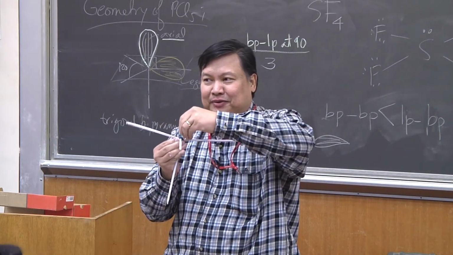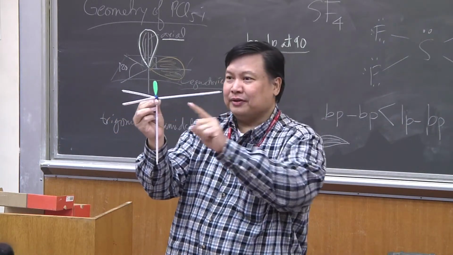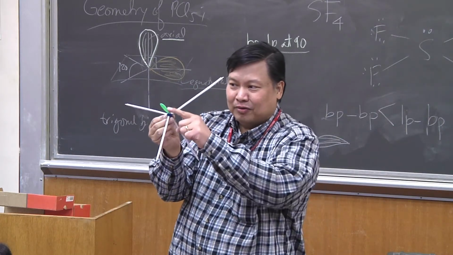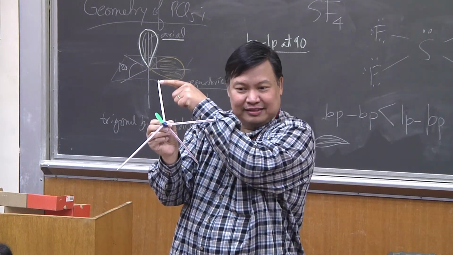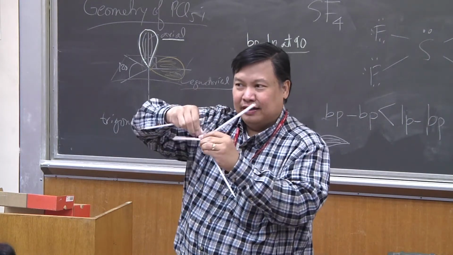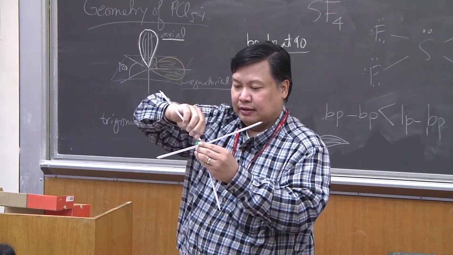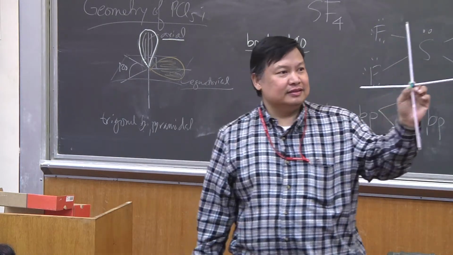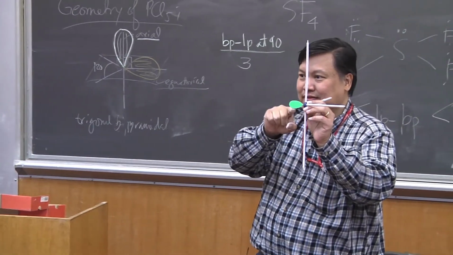You can probably see it better with this. Here's my lone pair, and here's my equatorial bonds, right? So how many 90s do I make? 1, 2, 3 90s, right? 3 90s. Let's do the opposite. Let's say I put the lone pair over here. How many 90s? There's only 1, 2. Right?